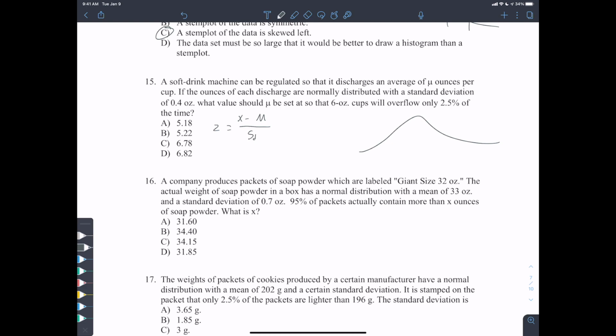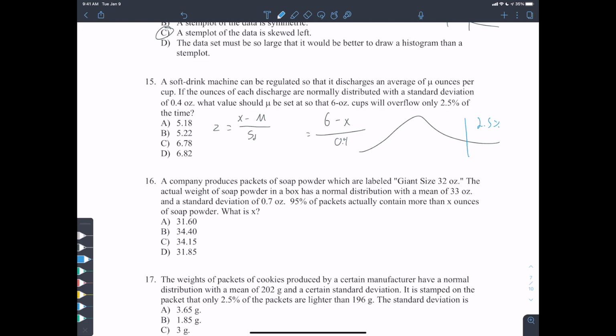You want to find 6 minus some value where the standard deviation it gives you is 0.4 at 2.5% of the time. So 2.5% of the time you want to find your z-score that equals that. So you want to find your z-score for the data that is here. So this is your 2.5% that is wanting you to make sure it only overflows that much time.